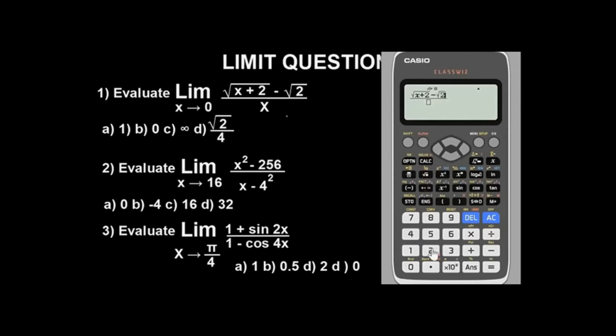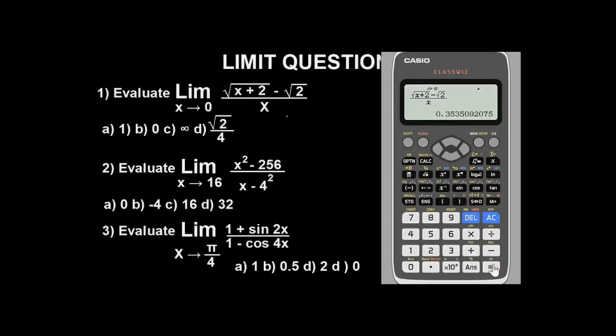Then over we have X. To bring out the X, press alpha and X. It's as simple as that, guys. So having done this now, let's press equal to and check what we are going to have as the answer. Very, very simple, guys. So press equal to now.